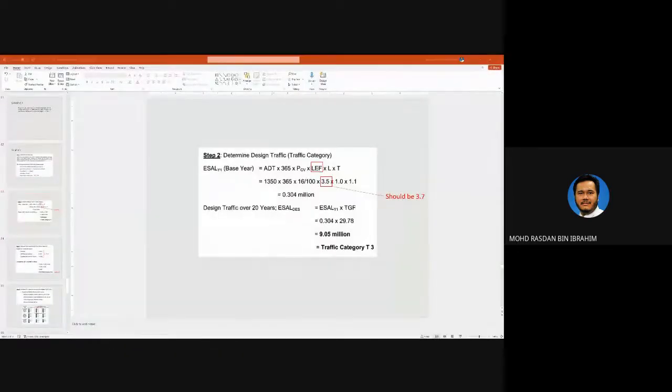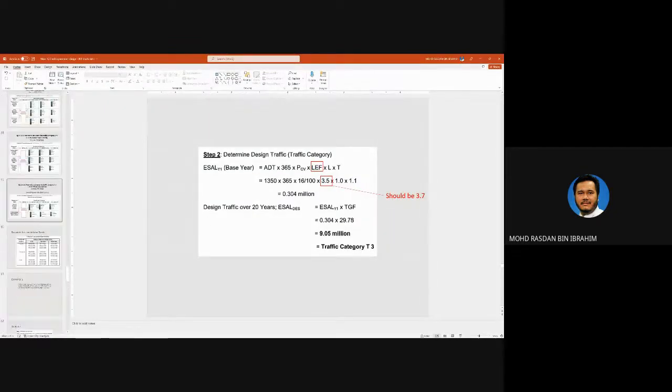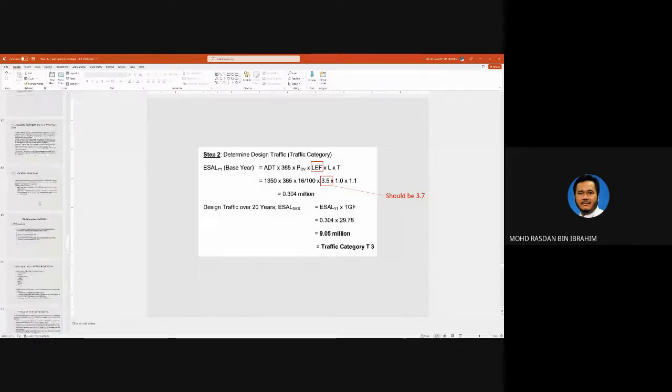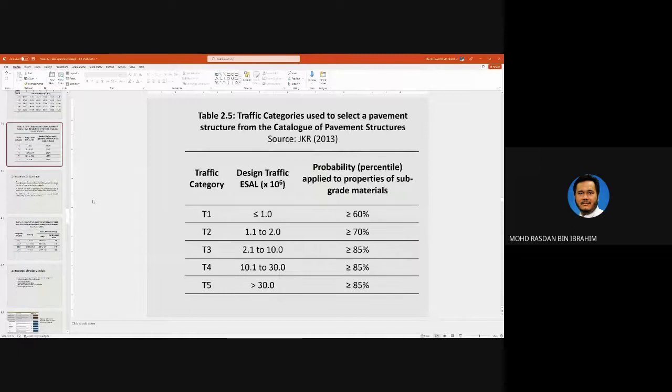So 9 million is traffic category T3, between 2.1 to 10. So traffic category is T3.